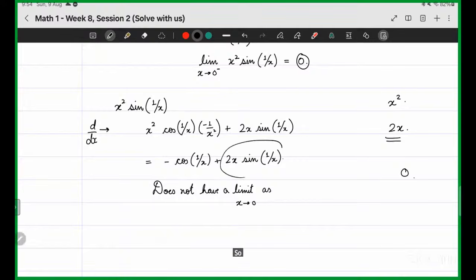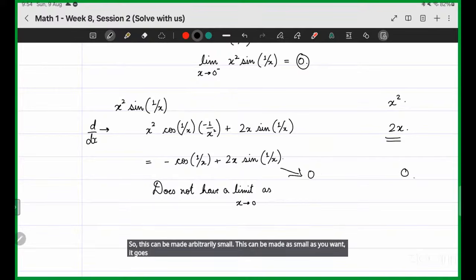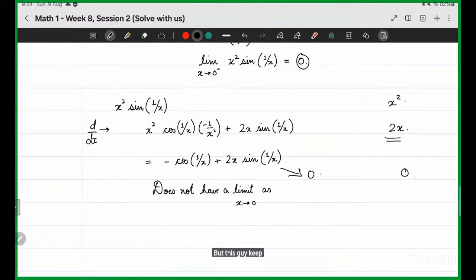This can be made as small as you want. It goes to 0. But this guy keeps going between 1 and minus 1, the first part. So the sum of the two things will keep oscillating, right?